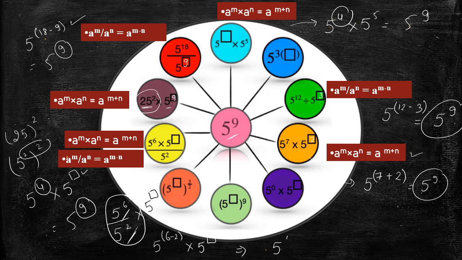So this will give you 5 raised to the power 4 multiplied by 5 raised to the power something, so that you get 5 raised to the power 9. So finally, you have to write 5 here. I hope this is clear. So the final answer will be 5 here.